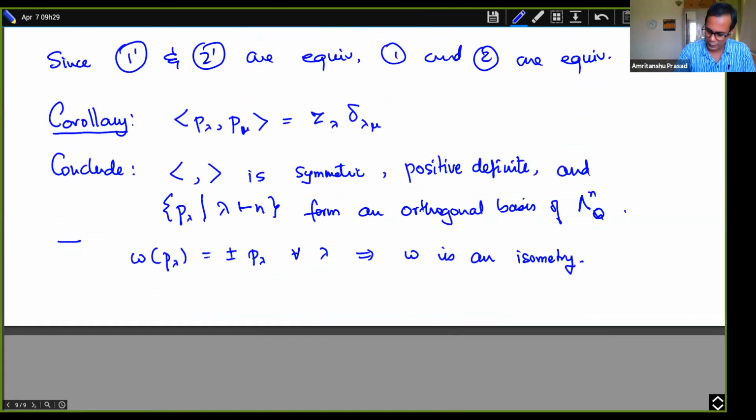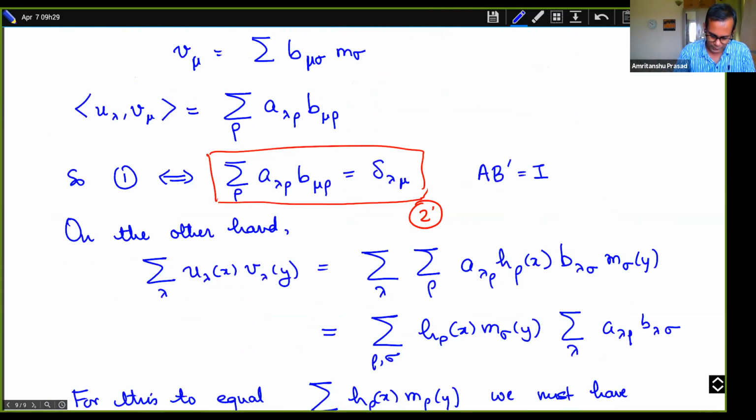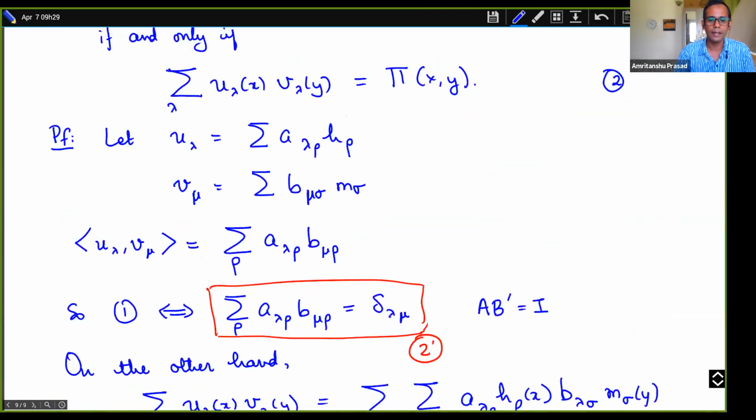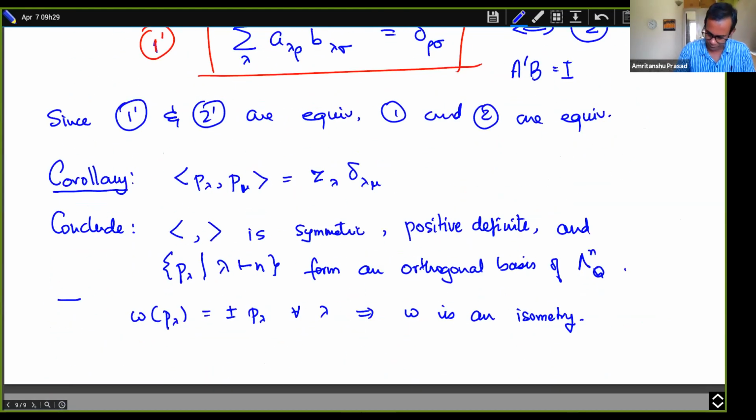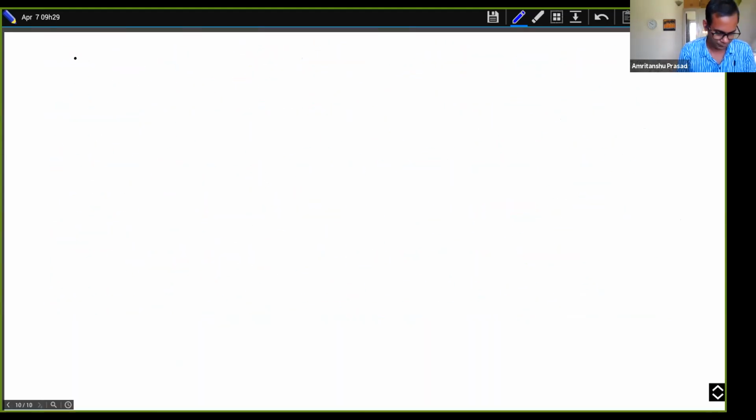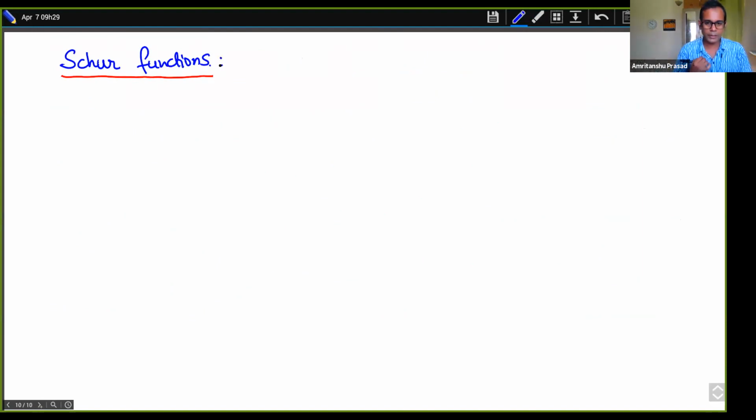Okay, so now we are ready to introduce the most important basis of symmetric functions, namely the Schur functions. We'll do it using Cauchy's bialternant formula, and it comes as follows.